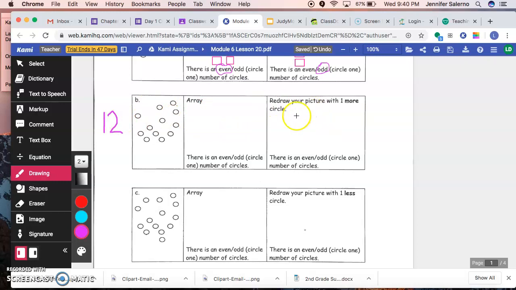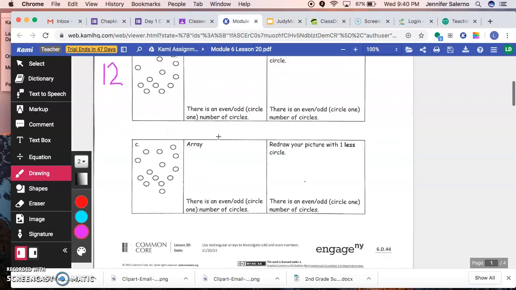And then when you do it again here, they want you to redraw it. But this time they're telling you to redraw it now with one more. Okay, so pay attention to if it wants more, or in this case, one less. You have to read the directions carefully. For everything after you make your array, you have to go to the bottom and make sure you're circling even or odd, okay? So that's what you need to do on this page.